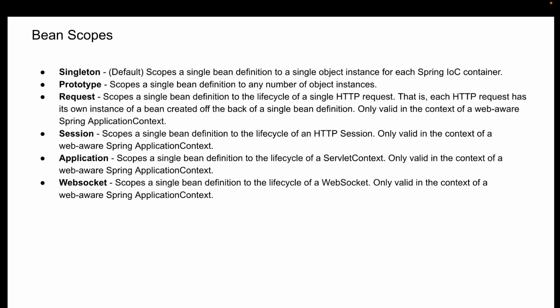This particular Spring Bean has a single instance, a single appearance of an object, within the entire application. That is why it is called singleton. Singleton refers to being single: one single object instance within the entire Spring IOC container.